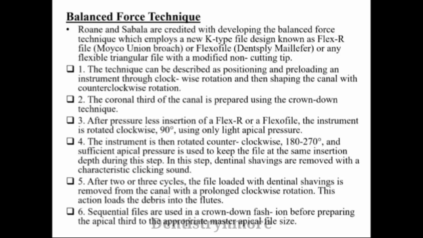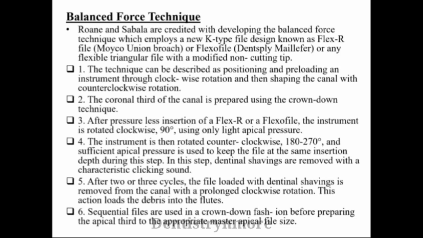After that, with less pressure, the Flex-R or Flexofile instrument is rotated clockwise using only light apical pressure, and it is again rotated counterclockwise, with sufficient apical pressure to keep the file in the same insertion. In this step, the dentinal shavings are removed with a characteristic clicking sound.